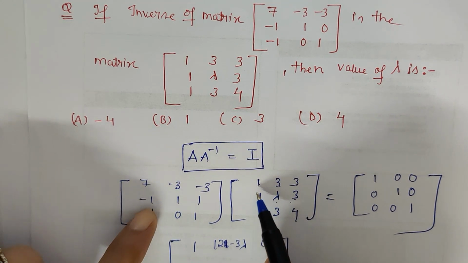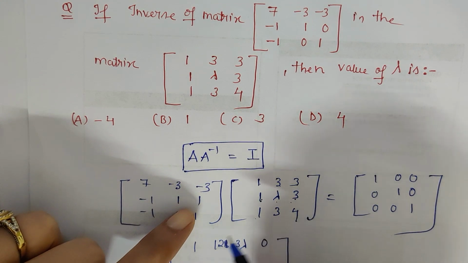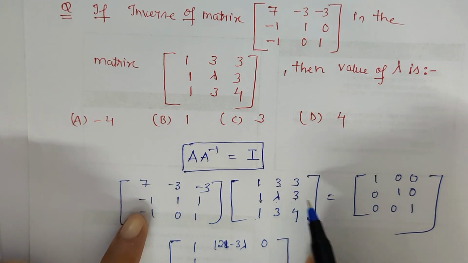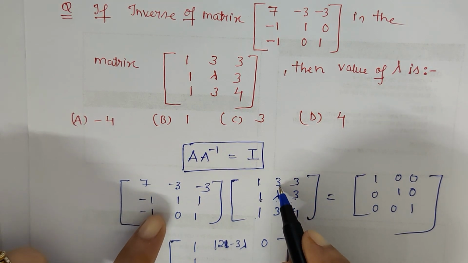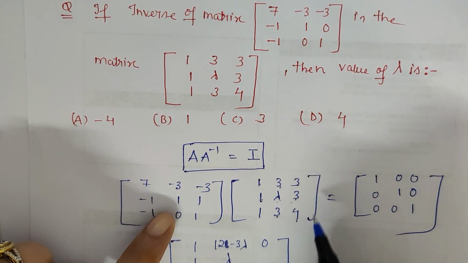Now let's go to the next row. Minus 1 plus 1 is 0. Minus 1 plus 1 is 0, and again this is 1. Now next is minus 3, and this is plus 3, 0, and we are left with only lambda.